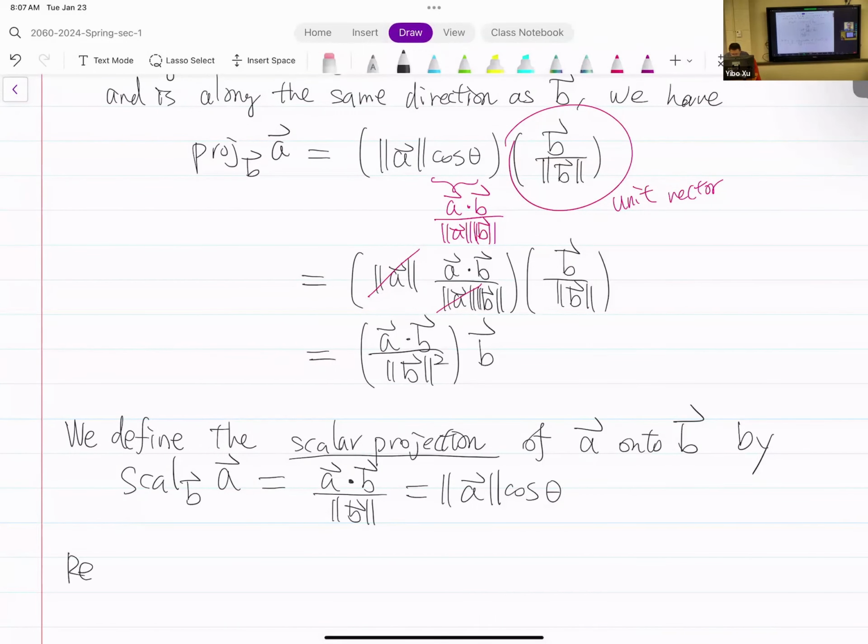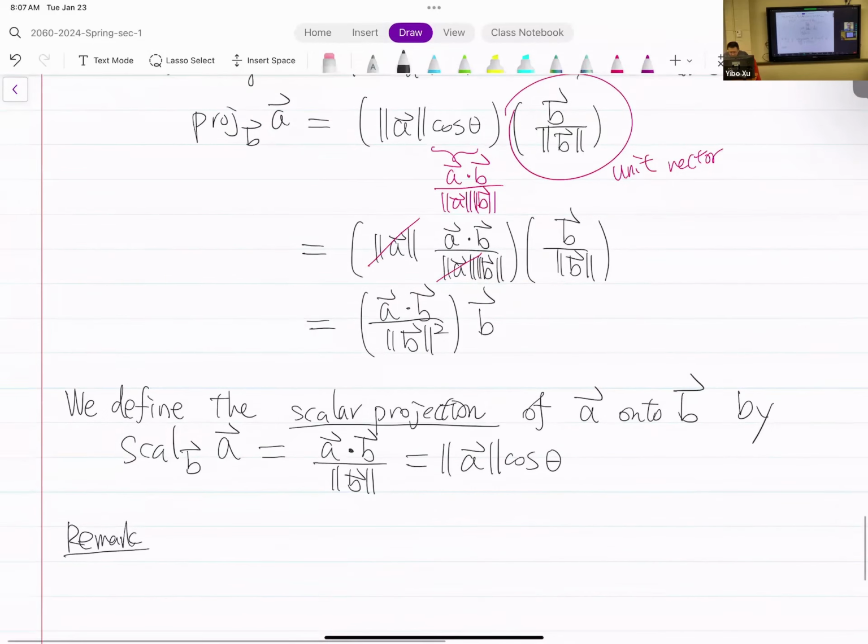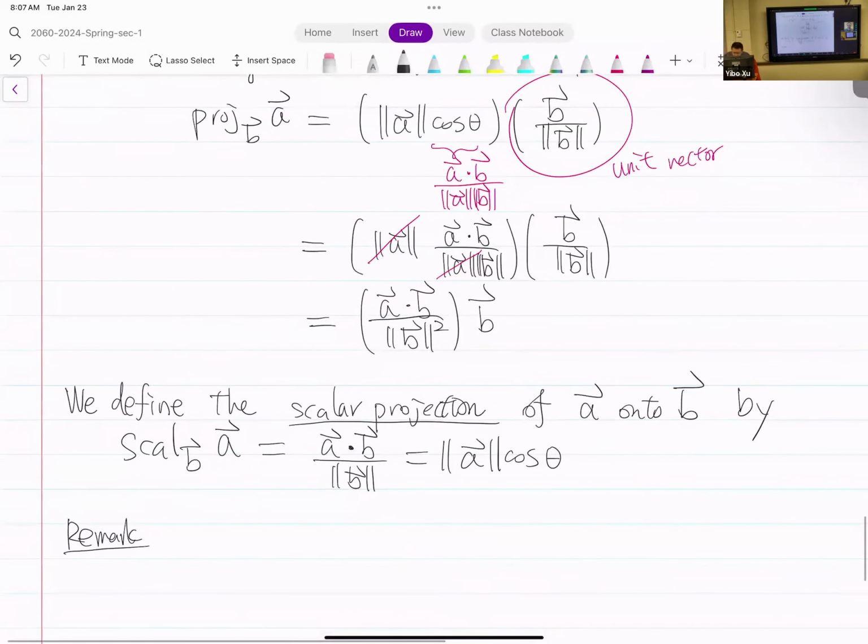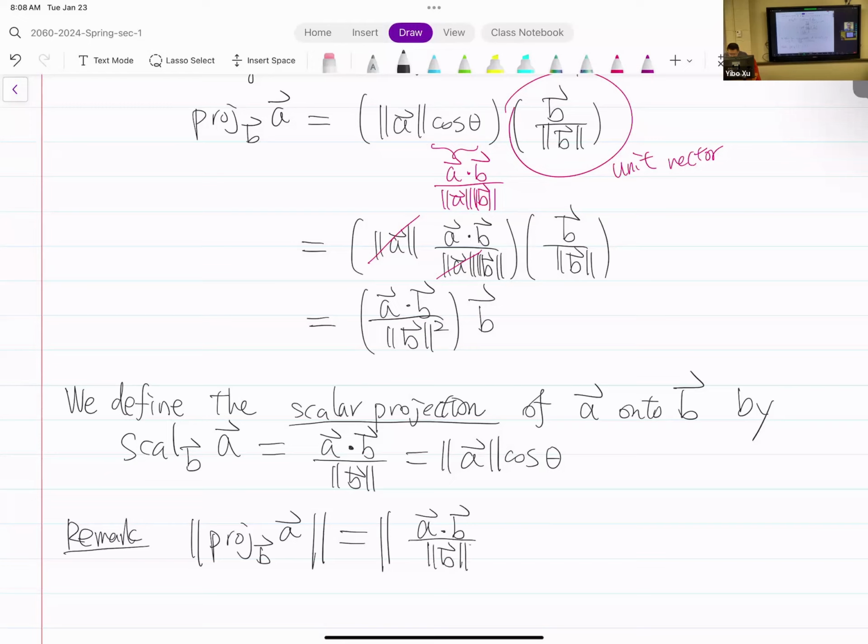Remark. Basically, if you take the magnitude of the projection of A onto the direction of B, you take the magnitude of the final expression right here.